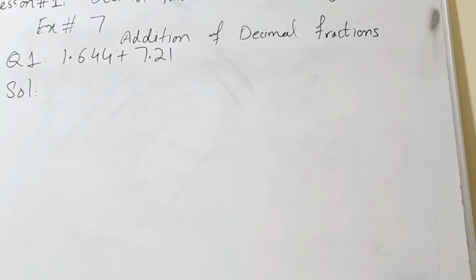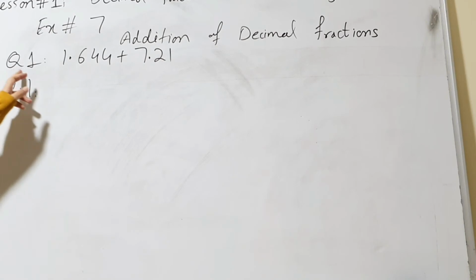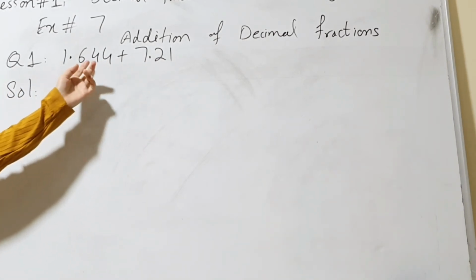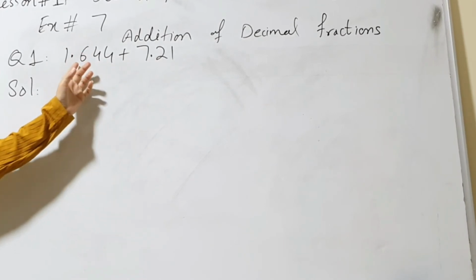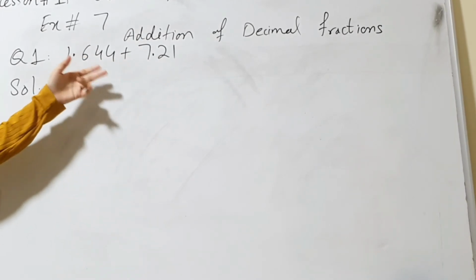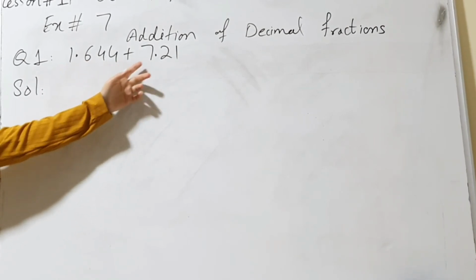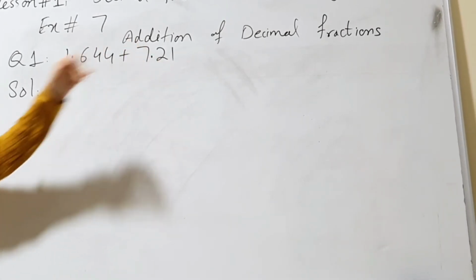Next topic is addition of decimal fractions. Let's start exercise 7, question number 1. In question number 1, 2 unlike decimal fractions are given. 1.644, you will not read it as 644. No, that is wrong. You will say 1.644 plus 7.21.